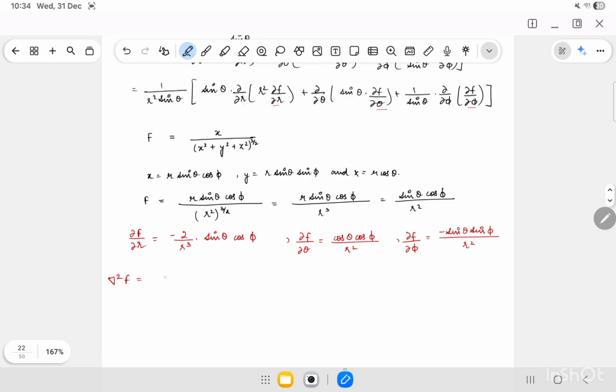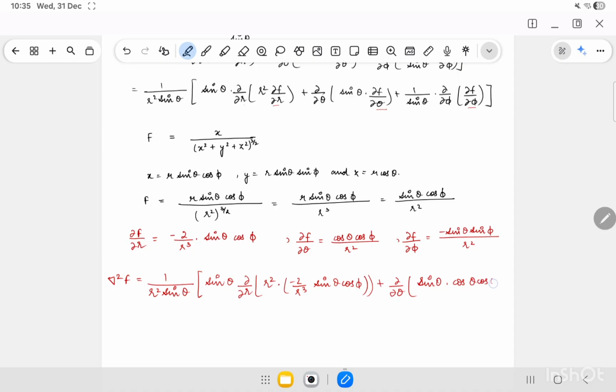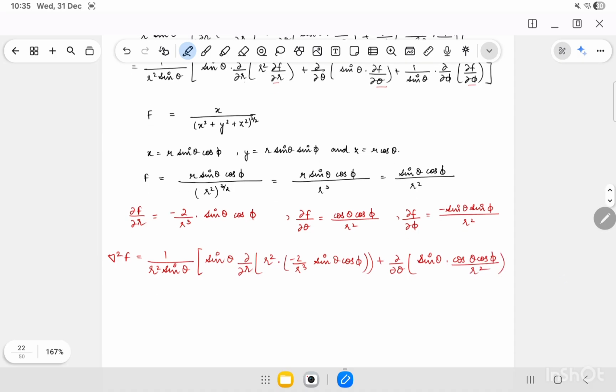Del square f will be equal to 1 by r square sin theta times sin theta multiplied by del by del r of r square times del f by del r, that is minus 2 by r cube sin theta cos phi, plus del by del theta of sin theta times del f by del theta, that is cos theta cos phi divided by r square, plus 1 by sin theta times del by del phi of del f by del phi, that is minus sin theta sin phi divided by r square.